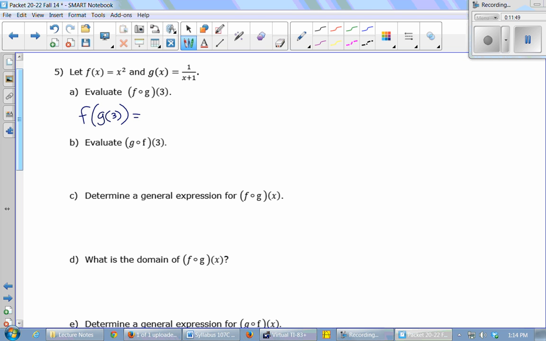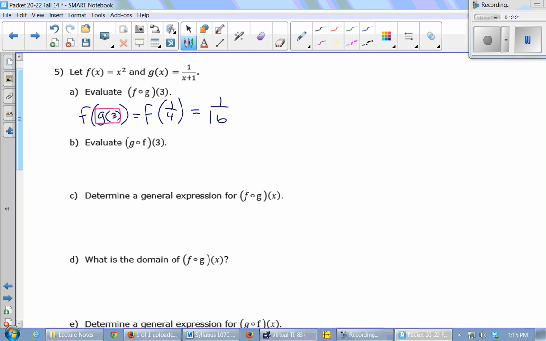What do you get when you plug a 3 into g? 1/4. So I replace g of 3 with the value it equals, 1/4. Then what is f of 1/4? 1/16.